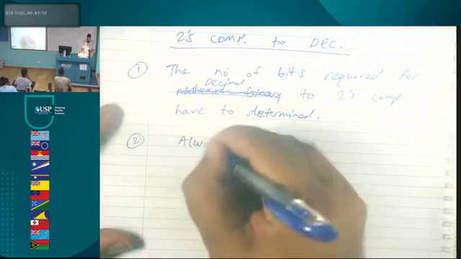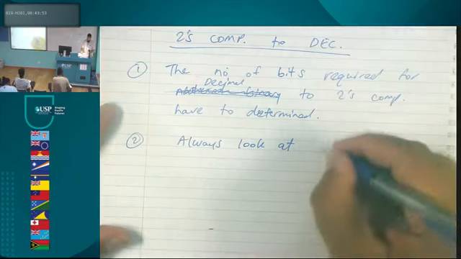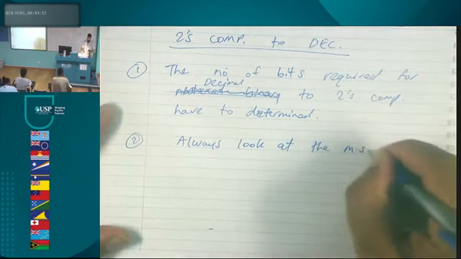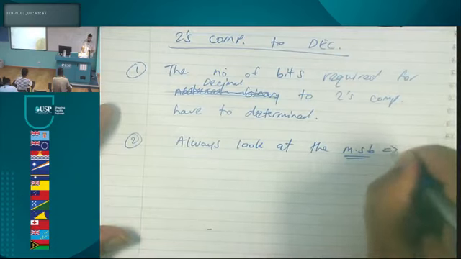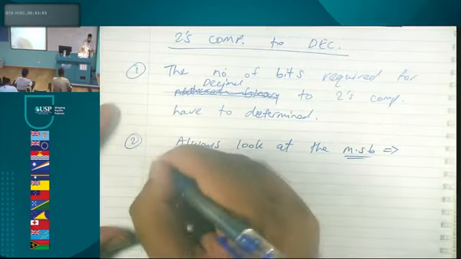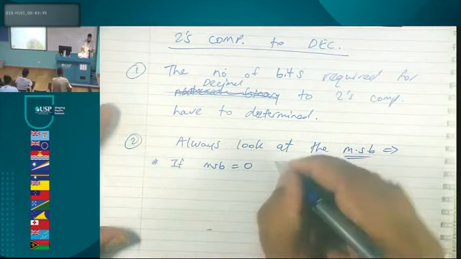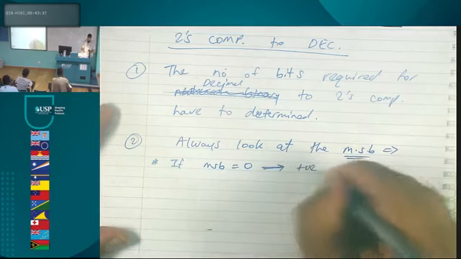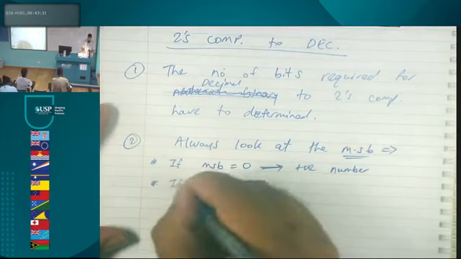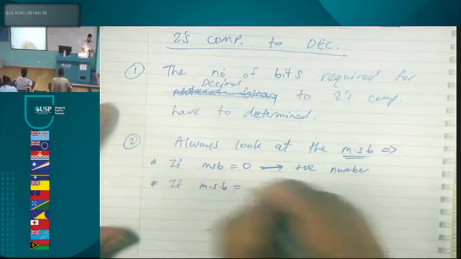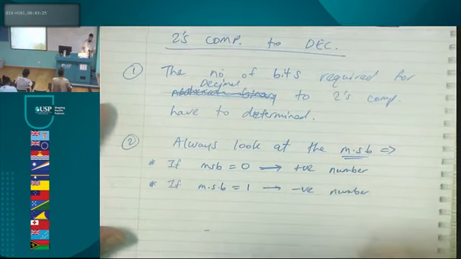Always look at the most significant bit. If the MSB is equal to 0, then it is a positive number. If the MSB is equal to 1, then it is a negative number.